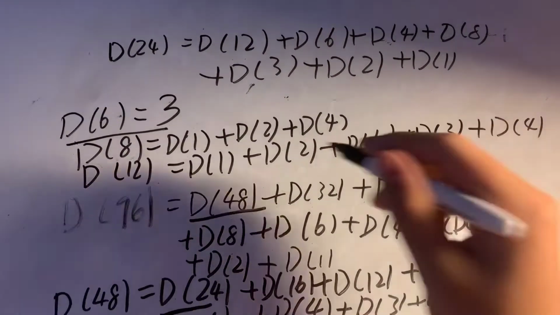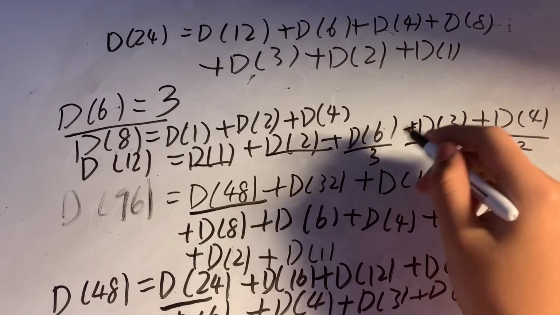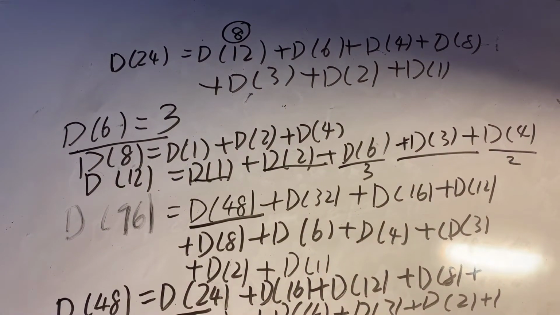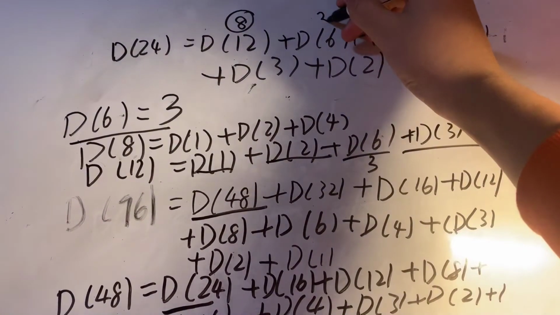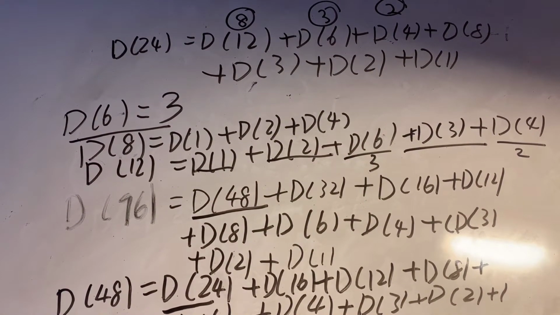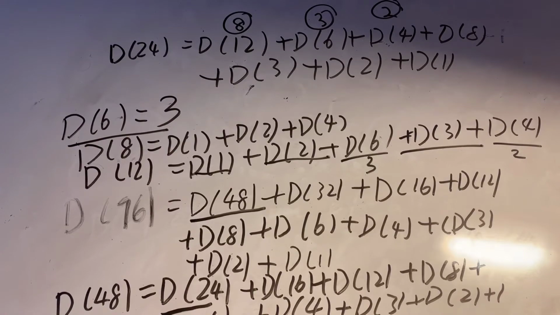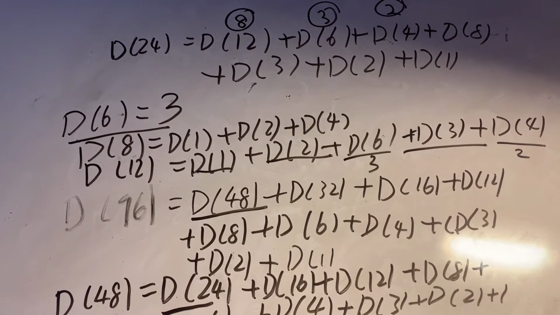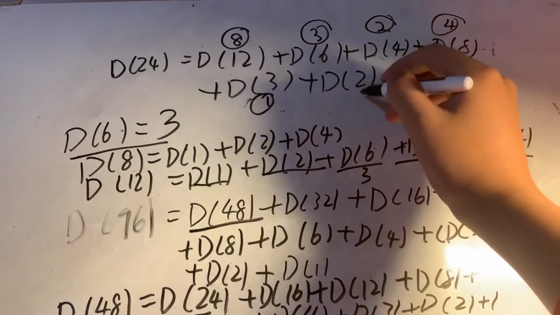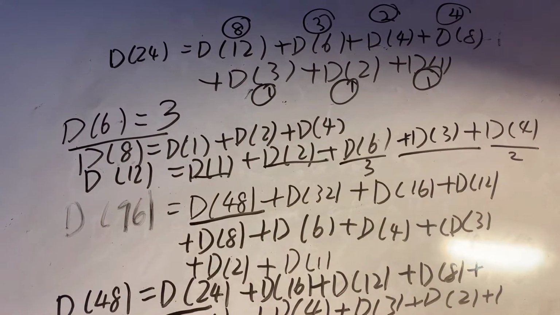We know that d12 is equal to 1 plus 1 plus 1 plus 2 plus 3, which is 8. d6 is equal to 3. d4 is equal to 2. d8 is equal to 4. d3 is equal to 1, d2 is equal to 1, d1 is equal to 1. So d24 is equal to 20.